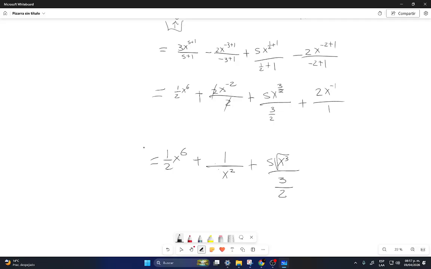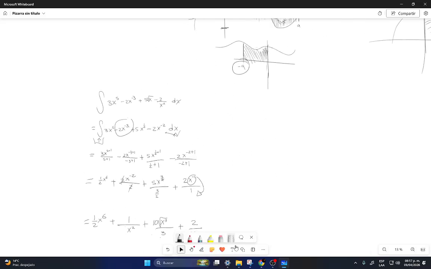When we have something divided by a fraction, we can just move this denominator to multiply. So I'm going to do that right now. That will be 10. Plus, okay, 2 over x, because this dropped down with a positive exponent. And that's it. That's our integral. Okay? So, in a future video, we are going to talk about the definite integrals.